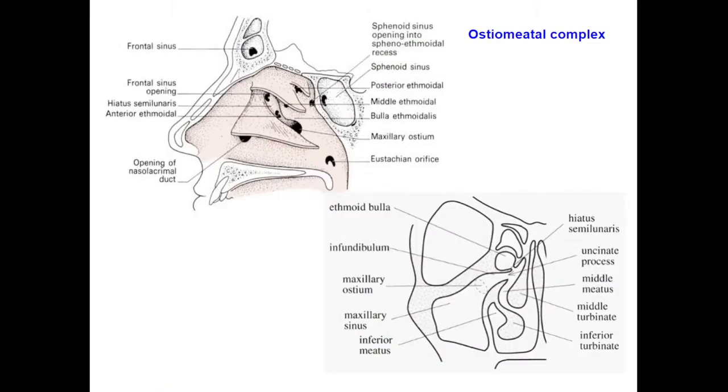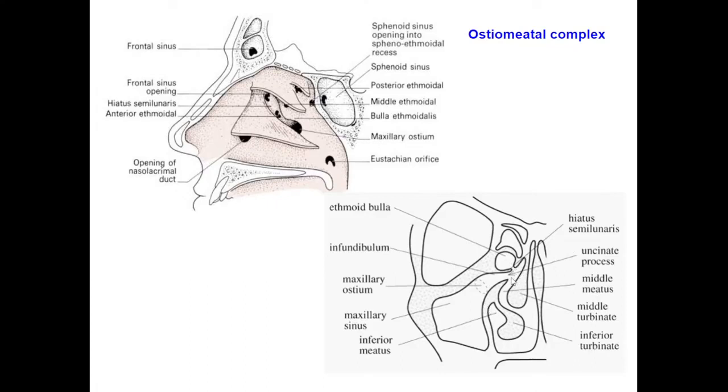So what structures form the osteomeatal complex? It's the uncinate process, the middle turbinate, maxillary ostium, ethmoid bulla, and hiatus semilunaris.